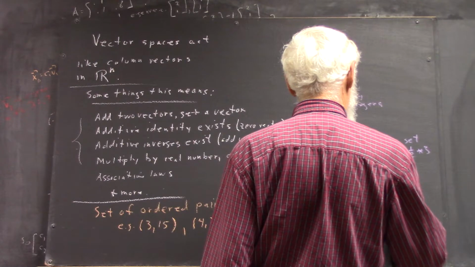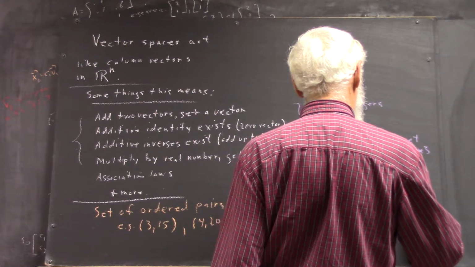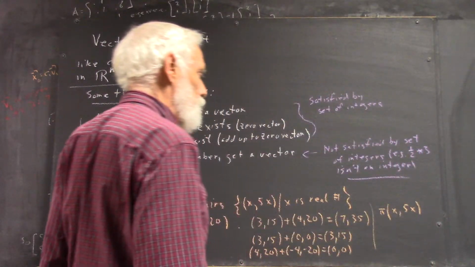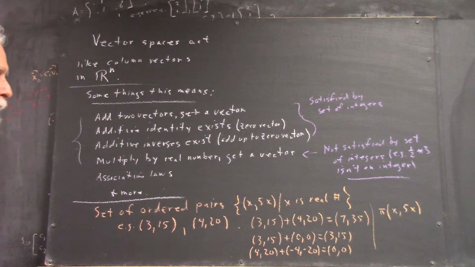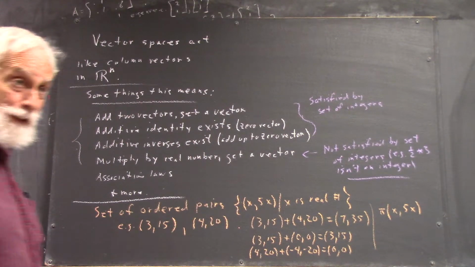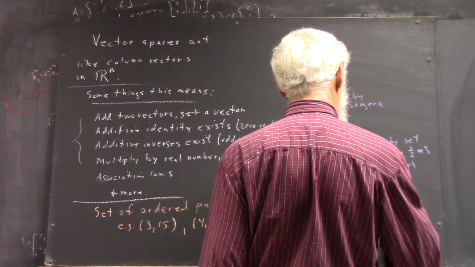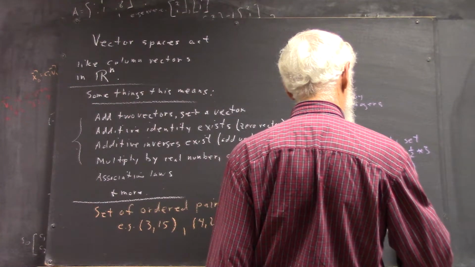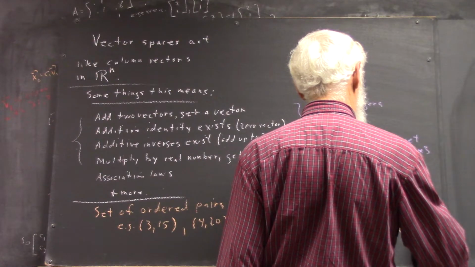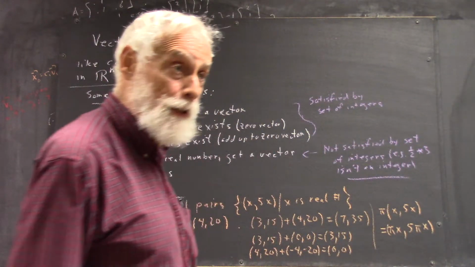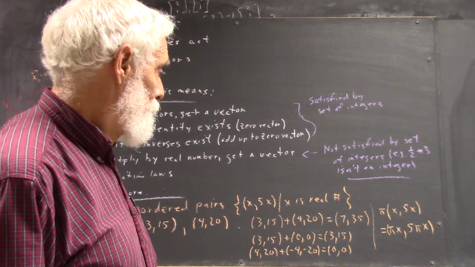I'm going to go to something that is a little closer to proof. Pi times (x, 5x) equals what? That equals (pi x, 5 pi x), right?